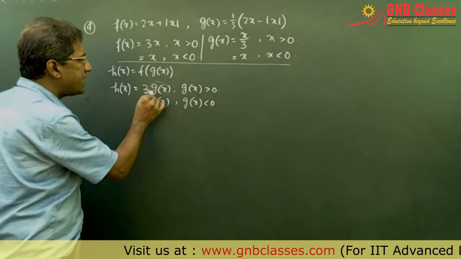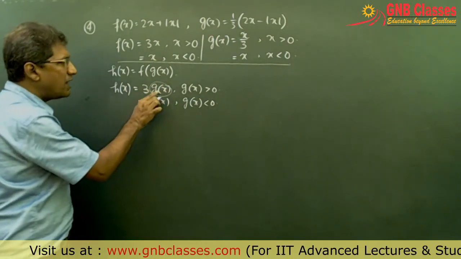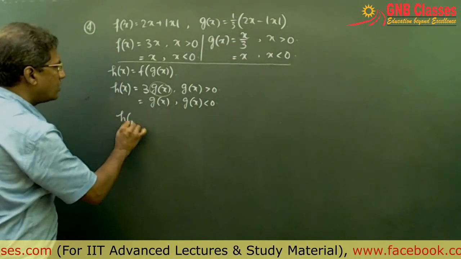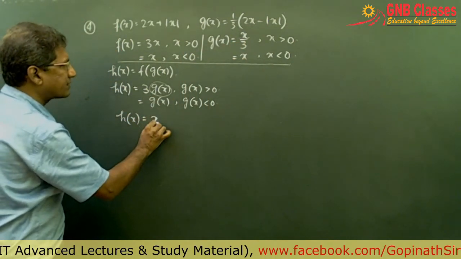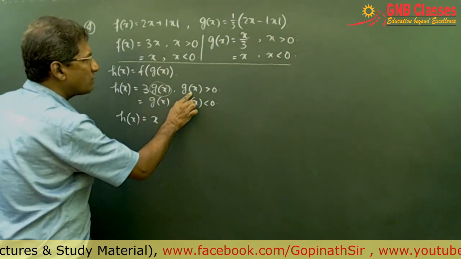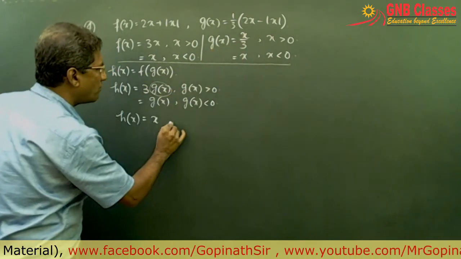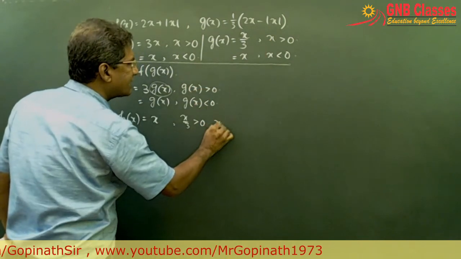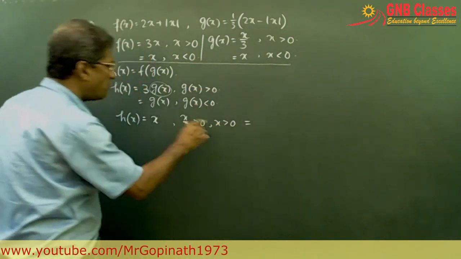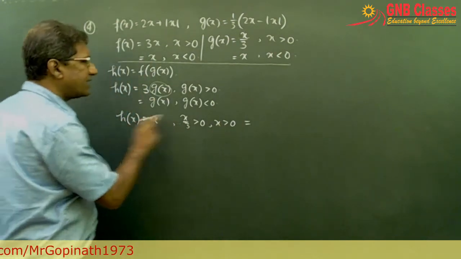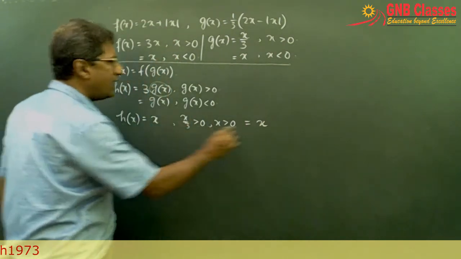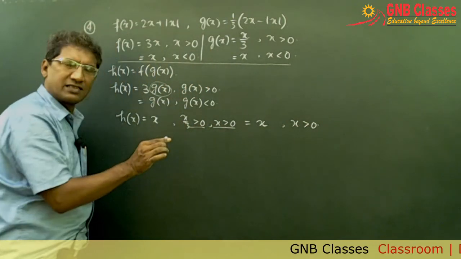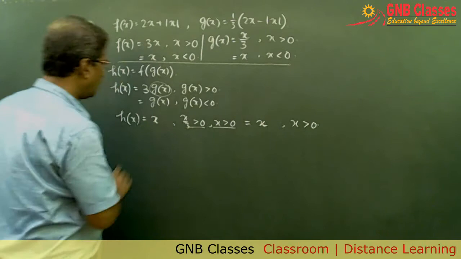Now, in place of this g(x), I am putting x by 3. So what we are getting? Your h(x) can be written as x, when in place of g(x) you have put x by 3. So we will write x by 3 is greater than 0 and x is greater than 0. So after simplifying, we will get that your h(x) is nothing but x when your x is greater than 0, because it is satisfying this as well as this. Is it clear now? Okay.